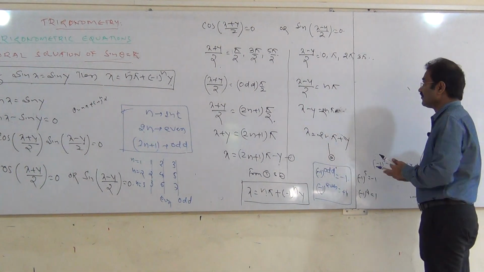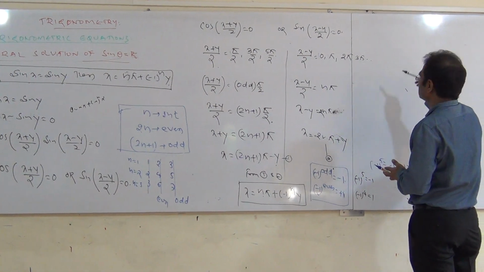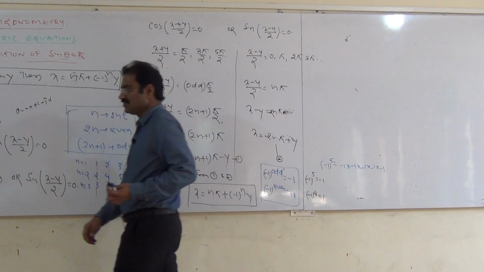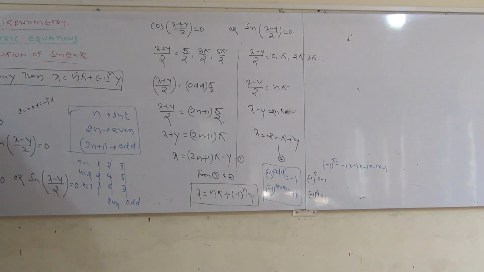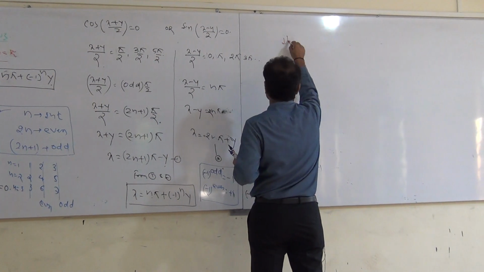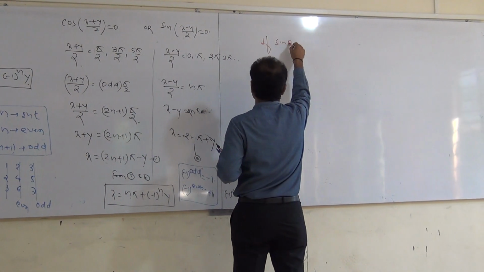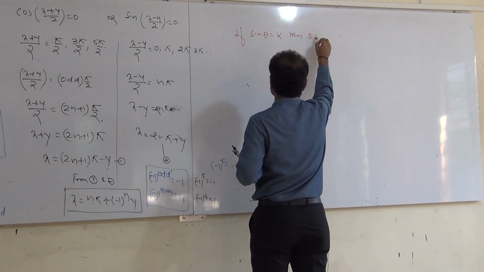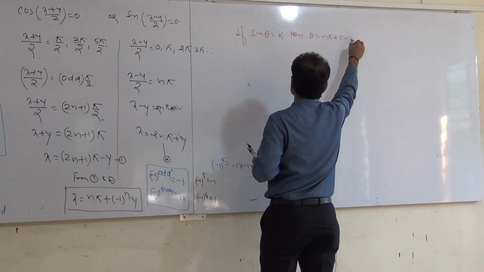Now I take a final step. If I write it, the general solution is: if sin theta is equal to sin alpha, then theta is equal to n pi plus of minus 1 raised to n alpha.